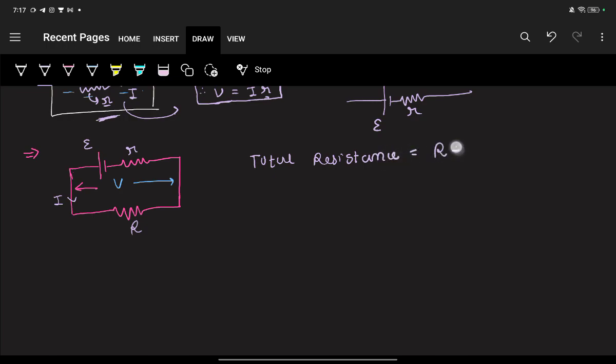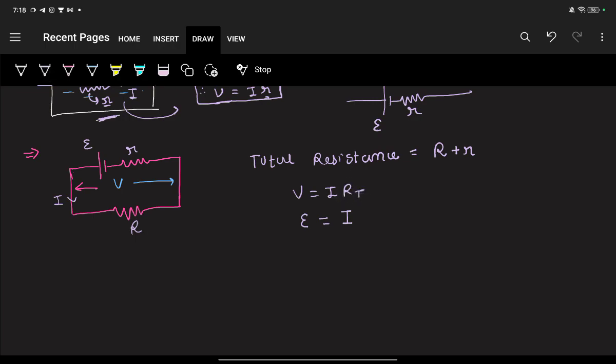Capital R plus small r. So according to Ohm's law, here this is our EMF instead of voltage. This is I, and instead of R, this is total resistance.